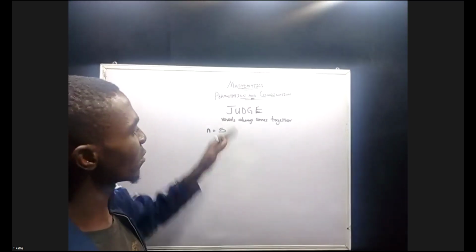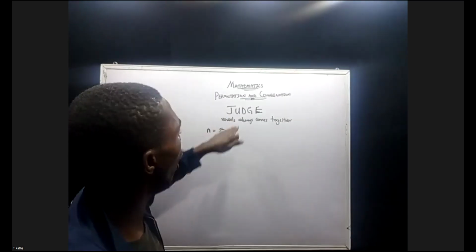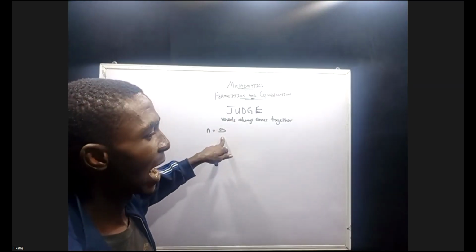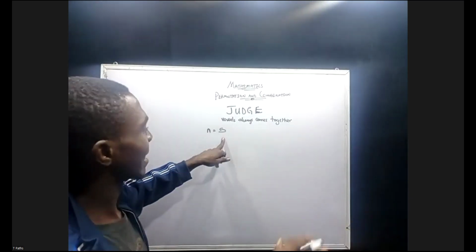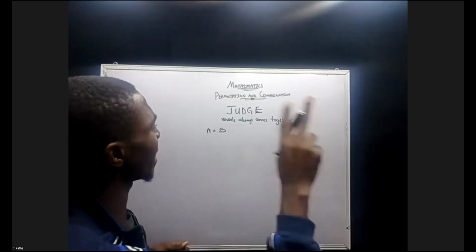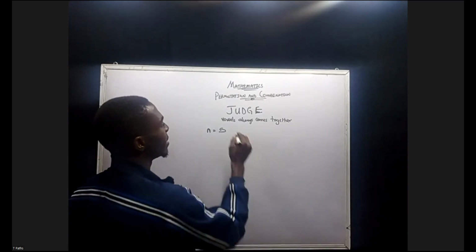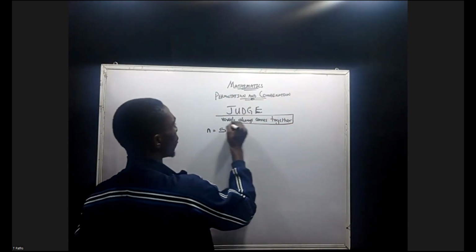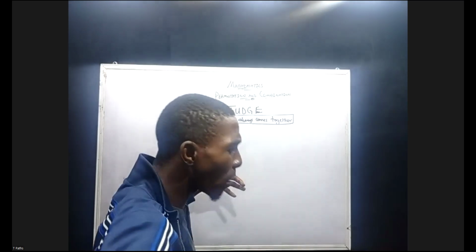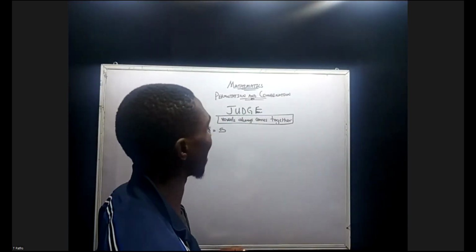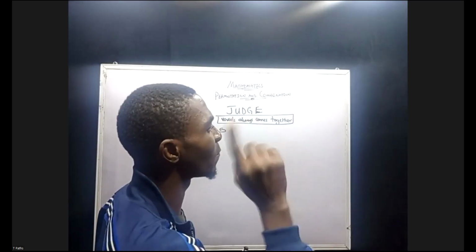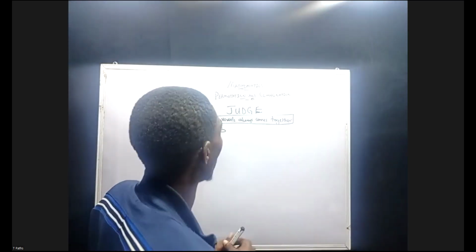Now, I asked, how many vowels do we have? You said 2. The condition in the question says the vowels must come together. Now, if the vowels are coming together, that means you regard every vowel there as one alphabet.